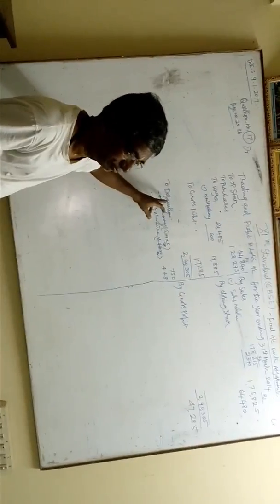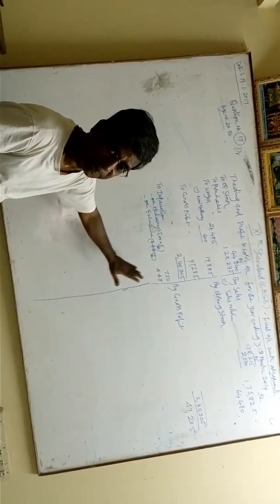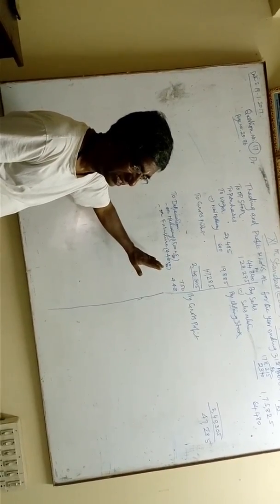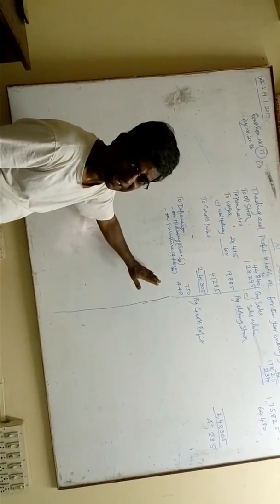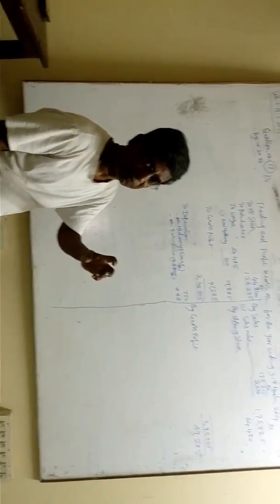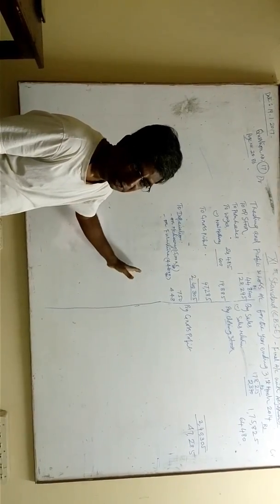Depreciation is in the profit and loss account. We have to consider all expenses and losses. Depreciation is an expense, because for generating the income, whatever expenses we spend, that is considered.